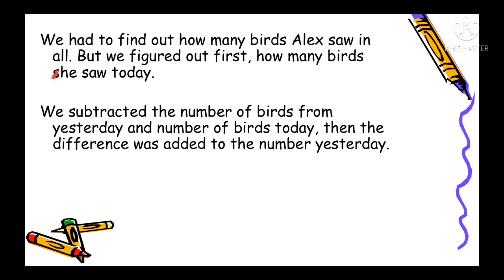That is 14 minus 6 to make it 8. This is today. That is our first step. And then the difference was added to the number yesterday. So we have 14 plus 8. So we have 22.